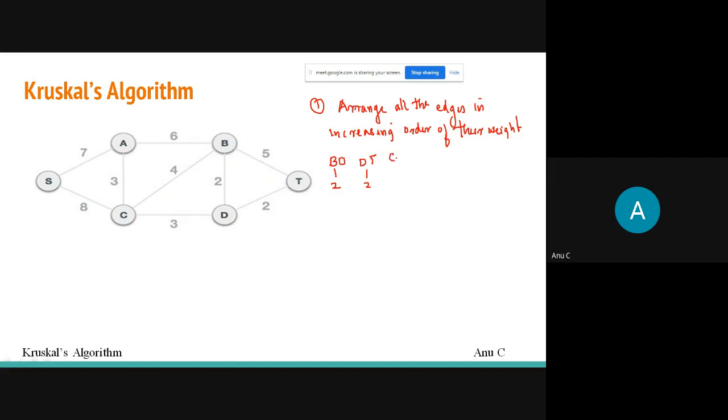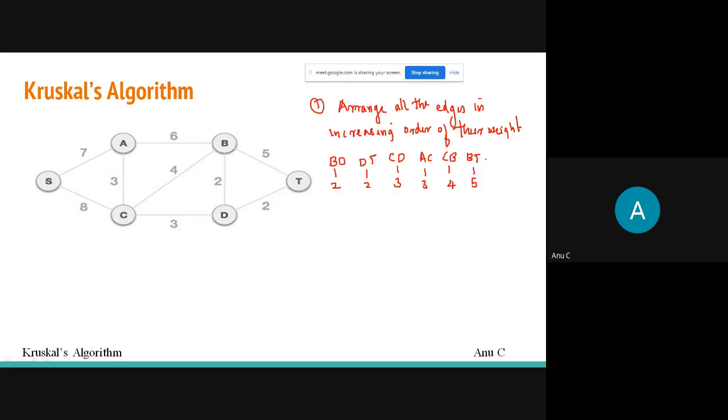So CD weight 3 and AC weight 3. And the next minimum weight is CP, so CP with weight 4. The next minimum weight is BT, so BT and its weight, or cost, is 5.